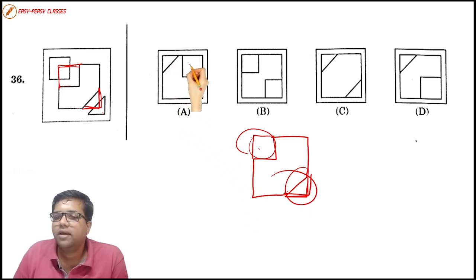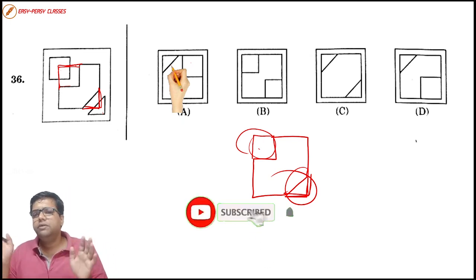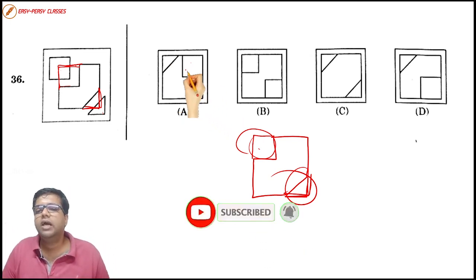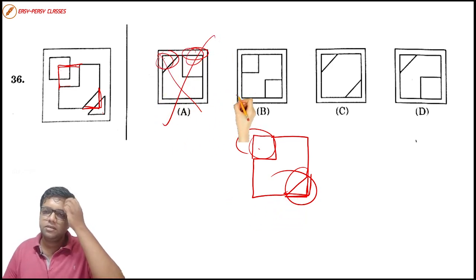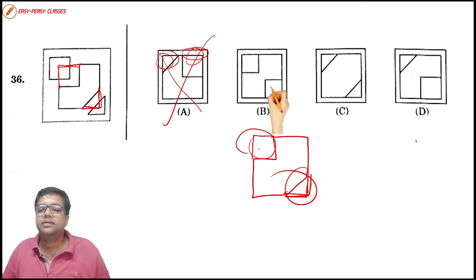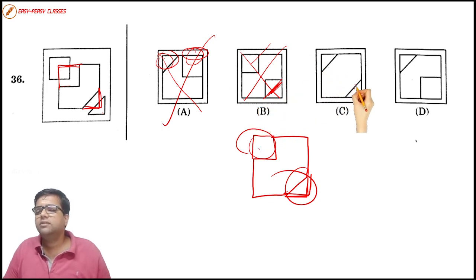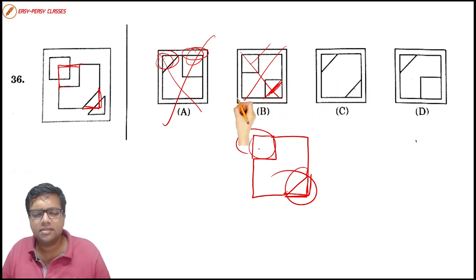Do we have square and triangle? We have it, but we don't have it on the opposite corners. We have it on the adjacent corners, which is not asked in the question. Do we have square and rectangle? We have squares, but we don't have the rectangle over here, so this gets eliminated. Sorry, that is not rectangle, that is triangle.